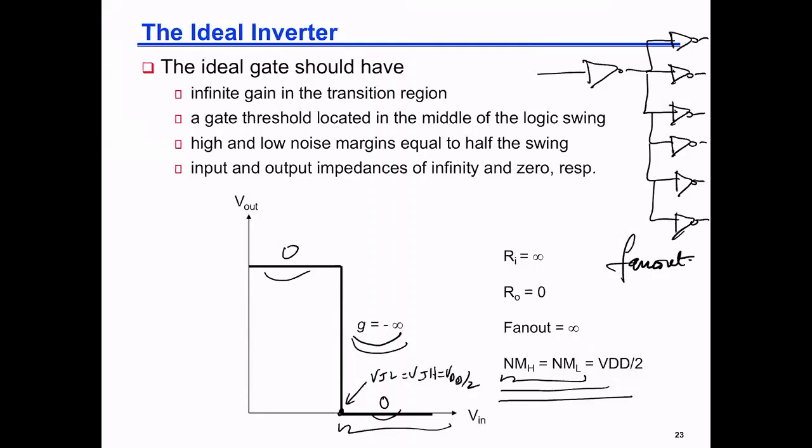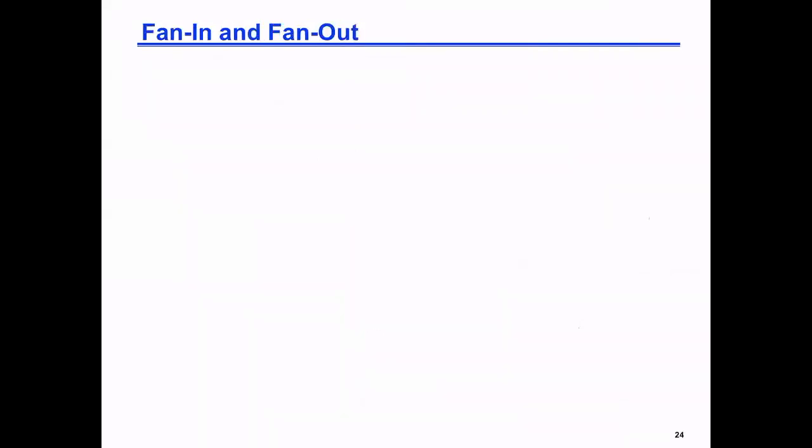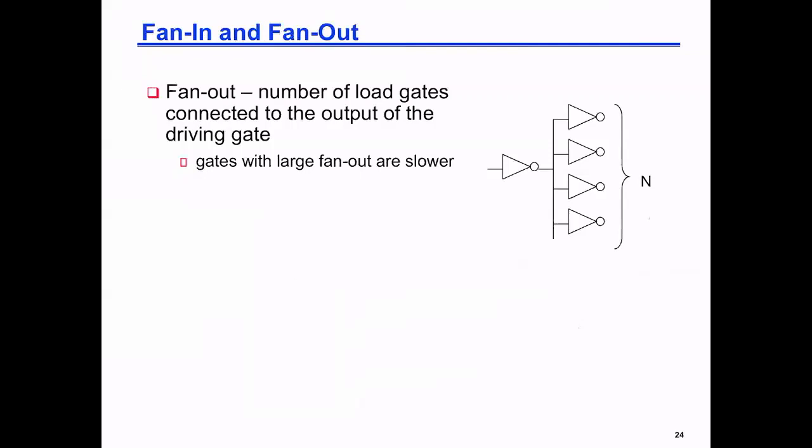Meaning how many gates I can deliver the signal to allows me not to replicate things, right? So the ideal gate will have infinite fan out, but really this affects the delay, this affects the signal transition, and therefore another concern beyond the noise is delay.